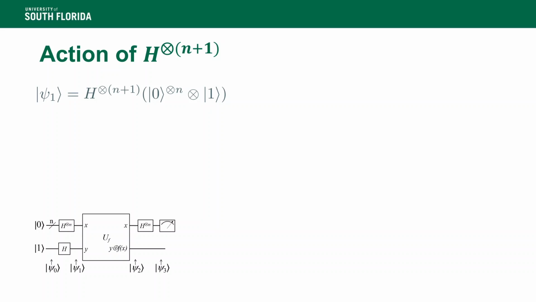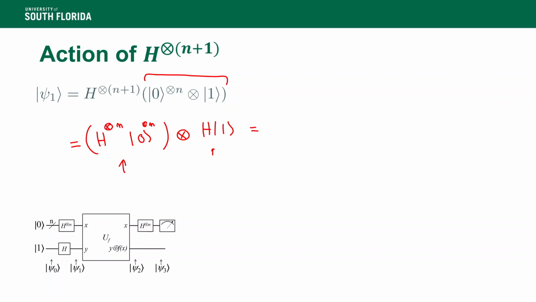As we did previously, now we're going to apply the Hadamard transform n plus 1 times to our input state here. This is going to factor as the Hadamard transform applied n times to |0⟩ tensored n times, the whole thing tensored with Hadamard applied to |1⟩. Now, this is going to be the uniform superposition over all possible values between 0 and 2^n minus 1, and this is just going to be 1 over square root 2, |0⟩ minus |1⟩.